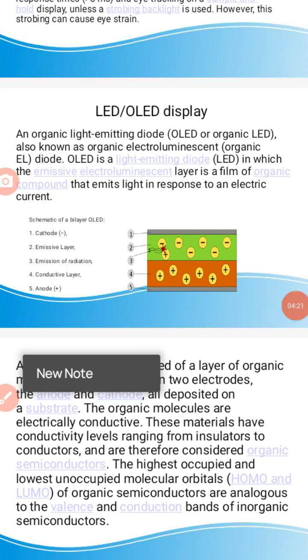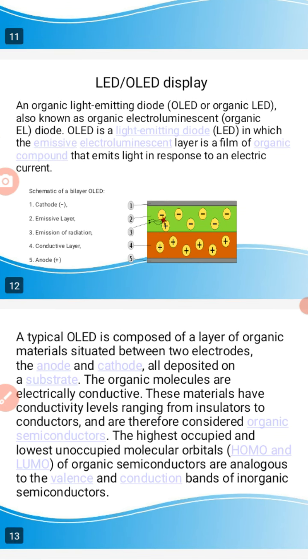I am telling you the working of LED first, which is very similar to OLED working. Since the working is very similar, we will explain the LED working.